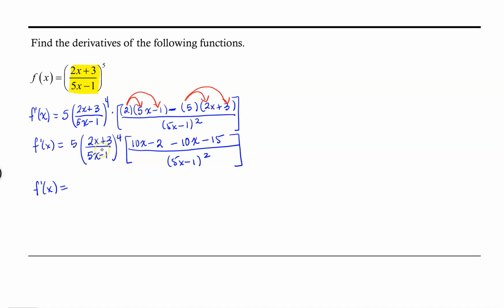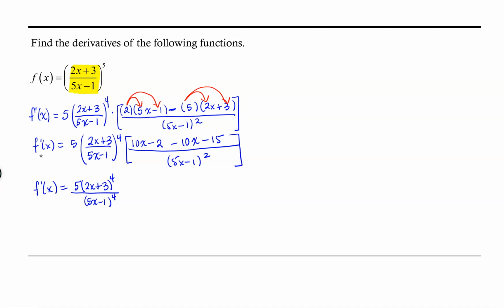So by separating that fraction, this will allow us to combine the denominator on the left with the denominator on the right. So we will have 5 times (2x plus 3) to the fourth power over the quantity (5x minus 1) to the fourth power.